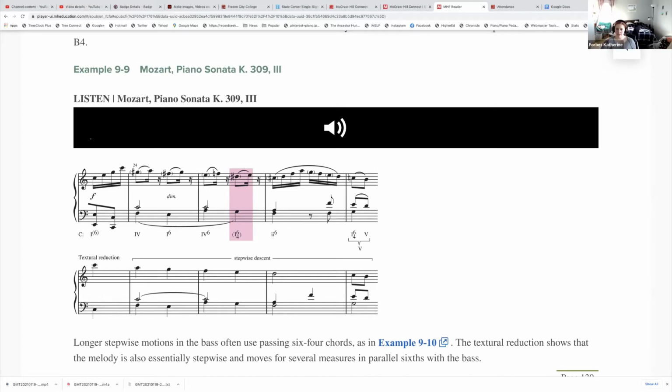The new president or the textural reduction? Yes. I think that was a rhetorical question. So we have a passing and a cadential 6/4.